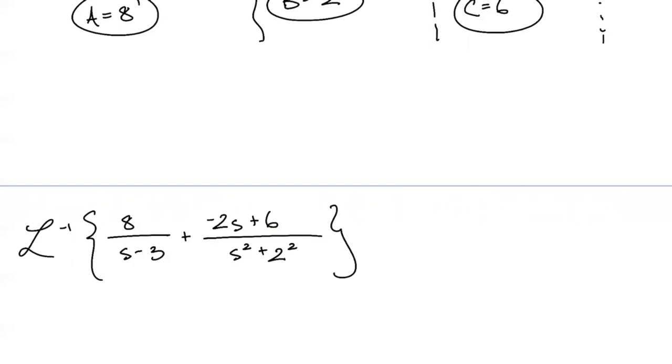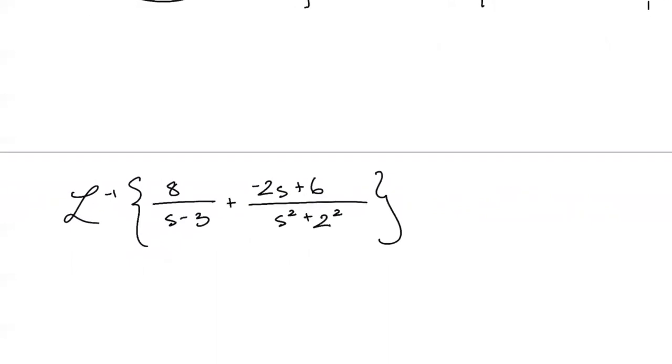Now, let's take a look at the different lines in the table, okay? I think we should all be fairly convinced that this first term, 8 over s minus 3, is going to correspond to line number 2. What about this second term? What about that second fraction?